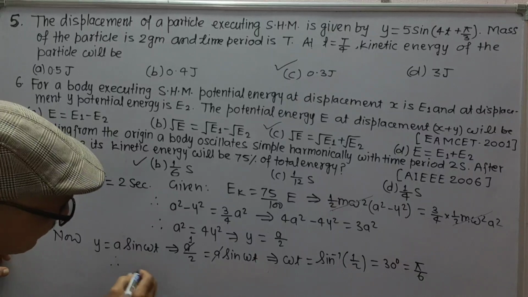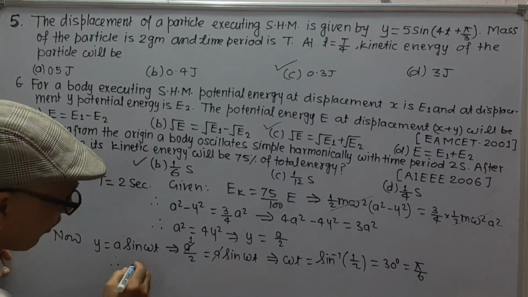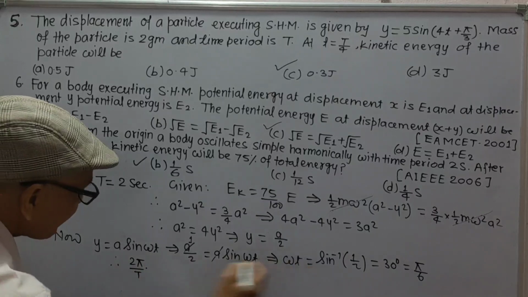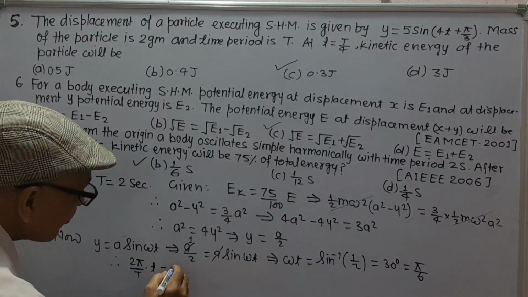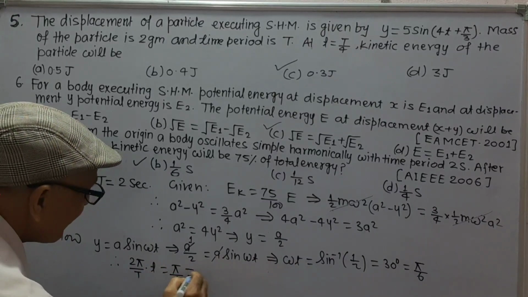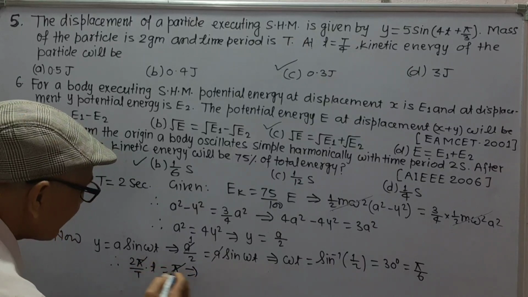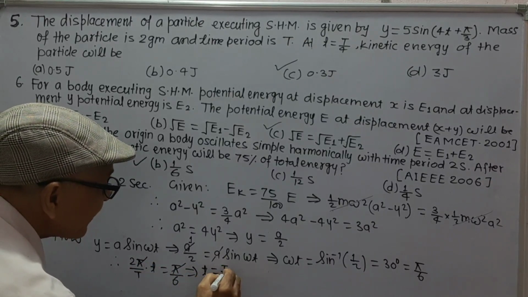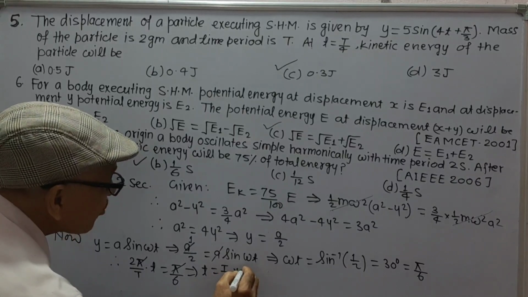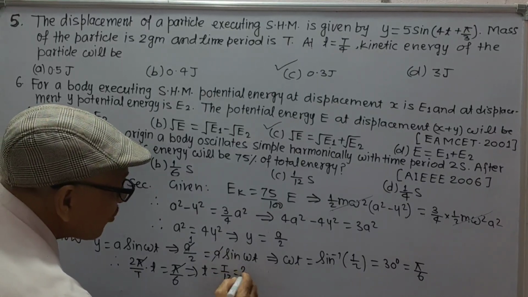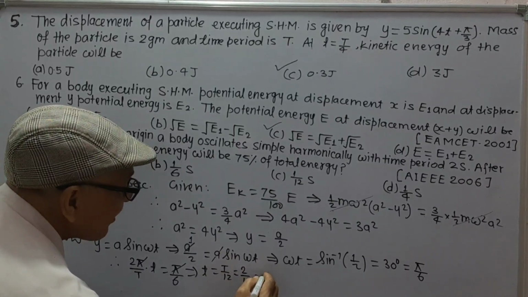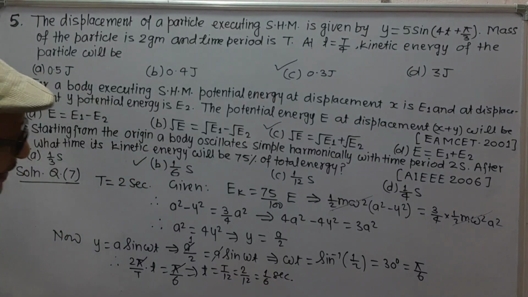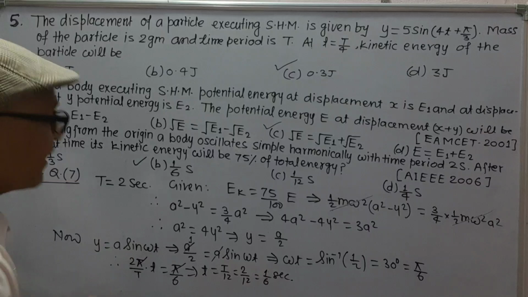Therefore, omega means 2 pi by T into small t is equal to pi by 6, which gives pi cancels out, which gives small t as capital T by 12 and capital T is 2 second is equal to 2 upon 12 means 1 by 6 second. So the correct option will be B.